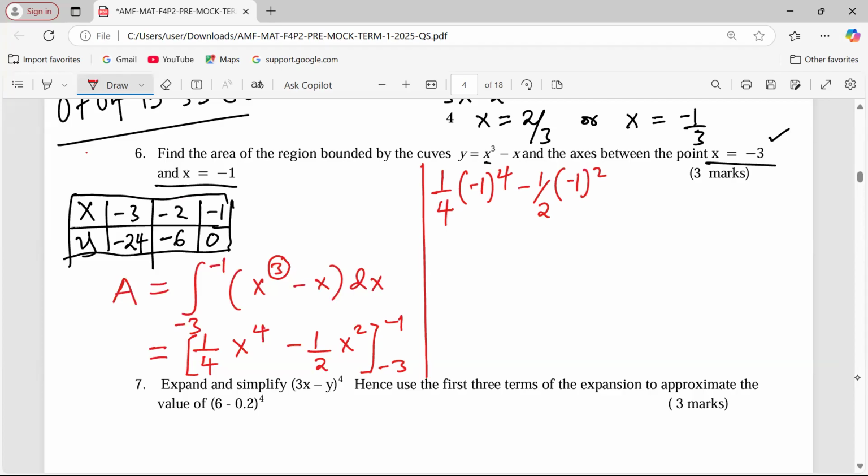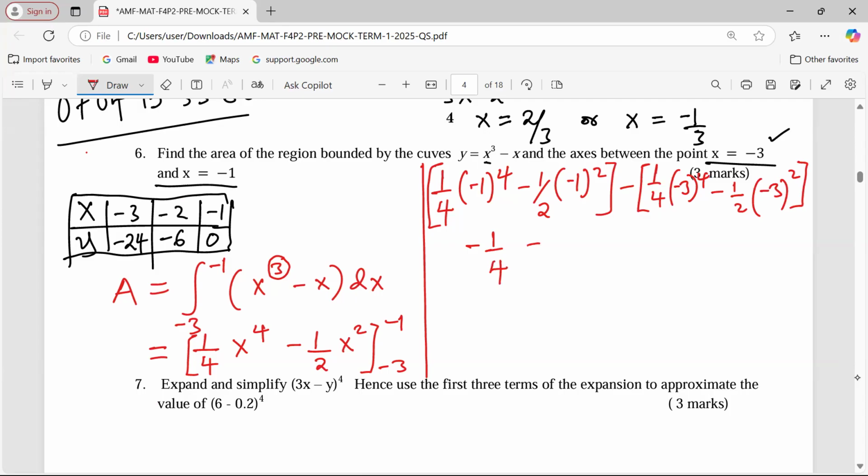That is it. Then after this, we subtract, when we use the lower limit now, 1/4 into -3 power 4 minus half into -3 squared. So let me work out this. 1/4, when we subtract half, we get -1/4. 1/4 minus half becomes -1/4.